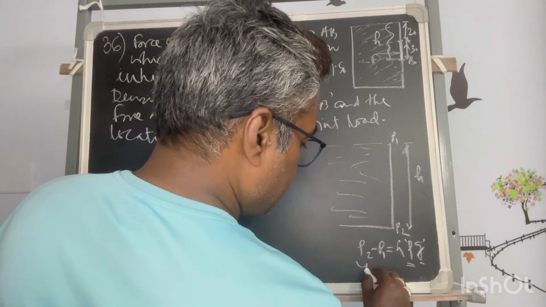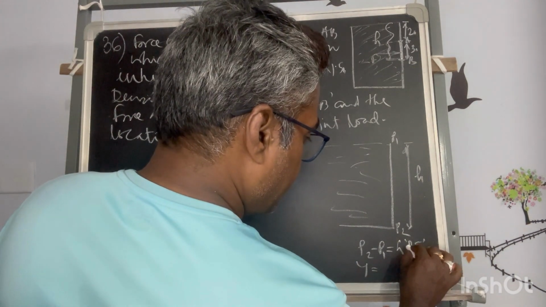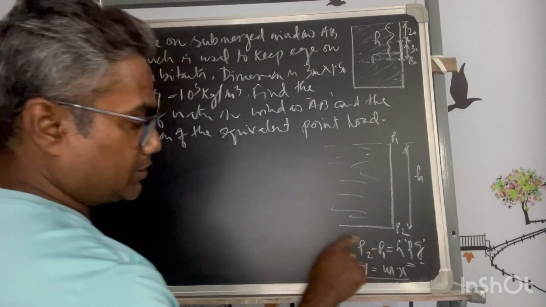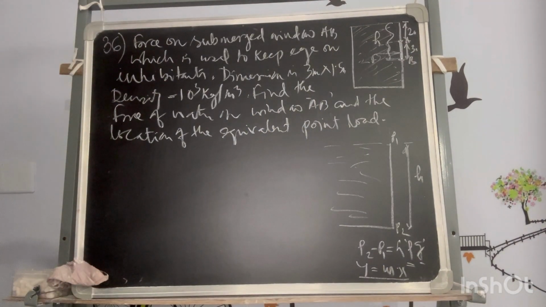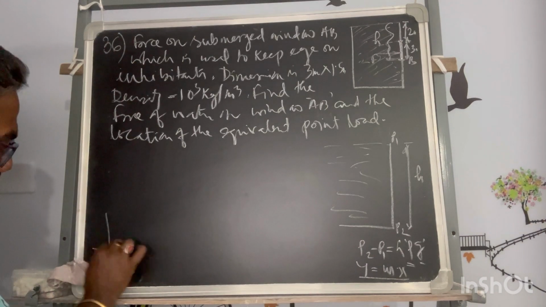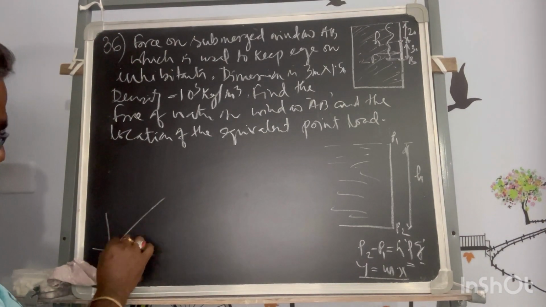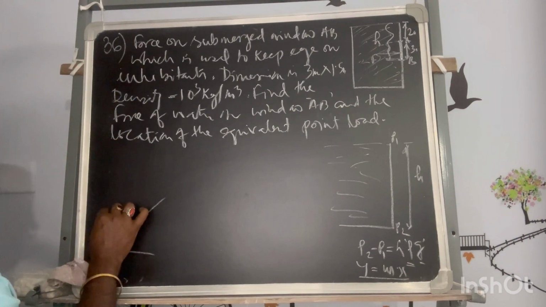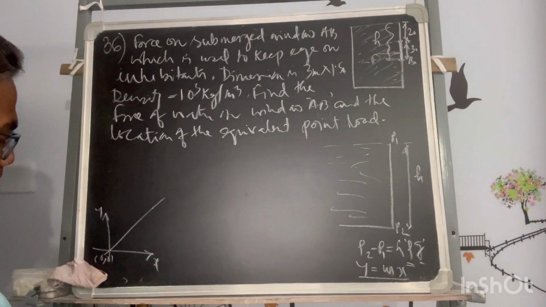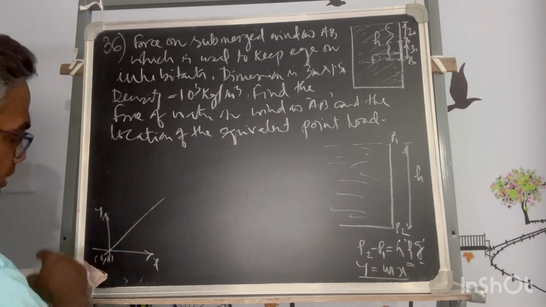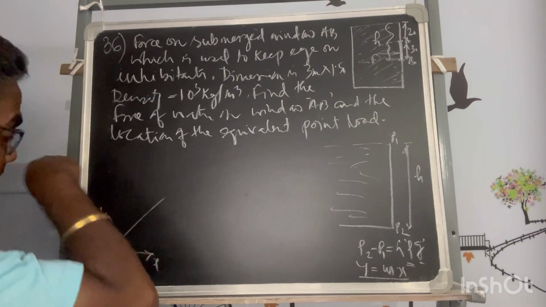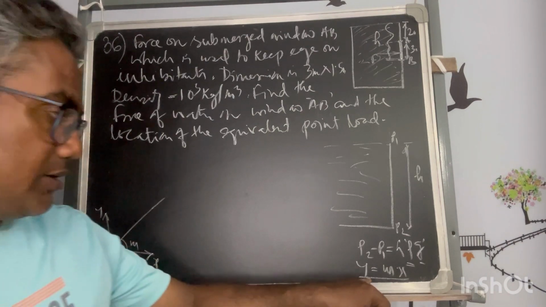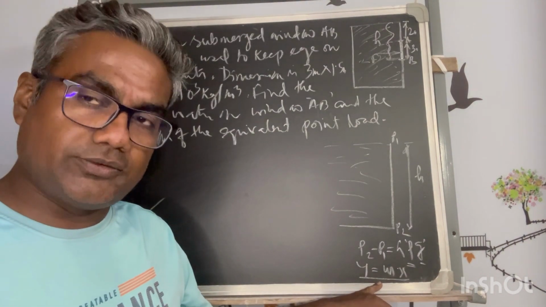So this we can assume to be Y, and this constant considered to be M into X. If I compare, this is a straight line that is passing through 0, 0, that means the origin of any coordinate system. This is Y, this is X, this is the independent variable, and Y is the dependent variable, and this is M. So this is resembling a linear equation.